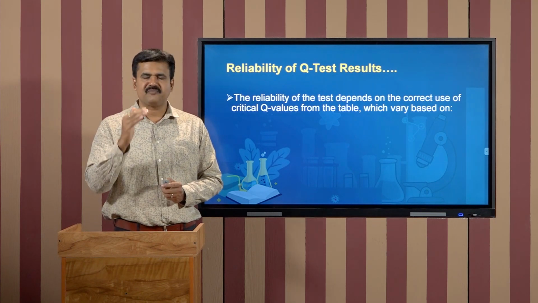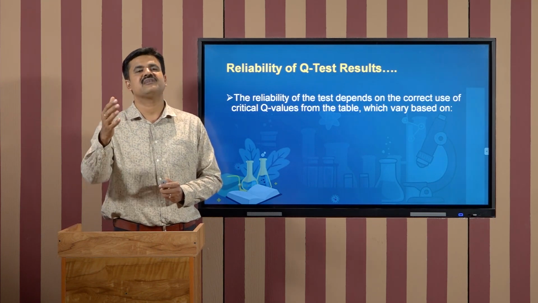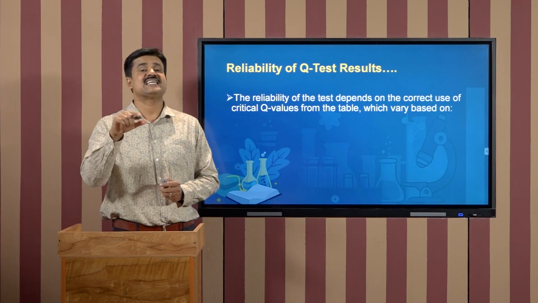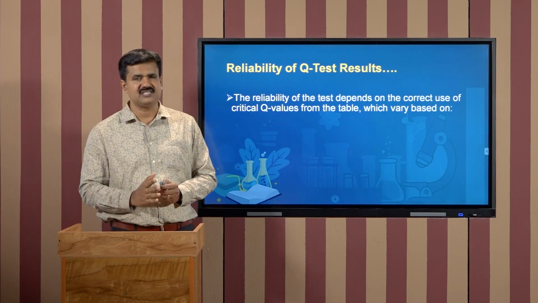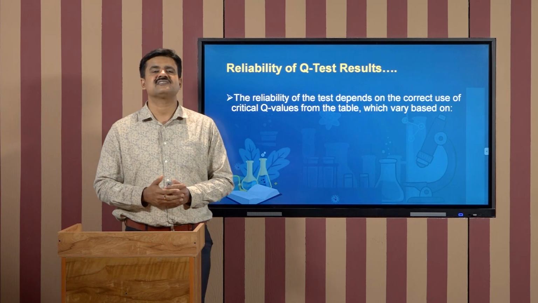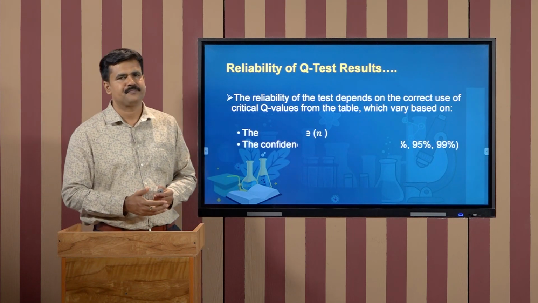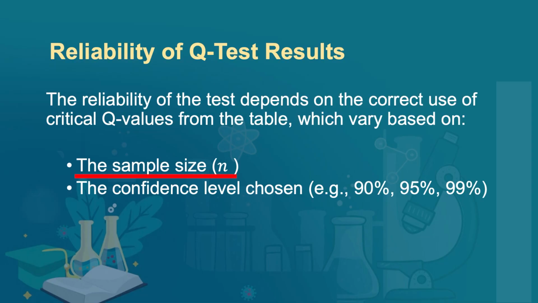Based on the number of measurements and the confidence level, you can fix the correct critical value. The selection of the critical value is very important as far as the interpretation of Q test results is concerned. The sample size n and the confidence level chosen, for example 95%, 90%, 99%, etc.